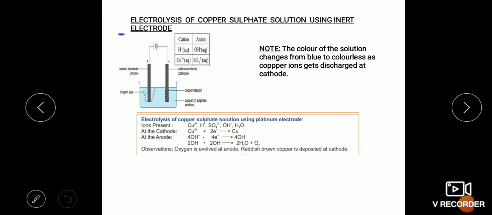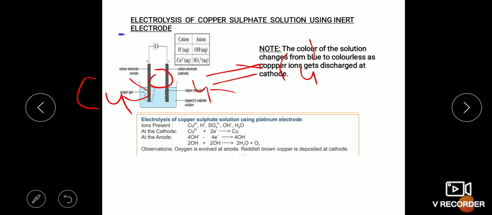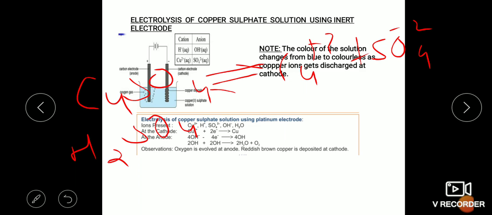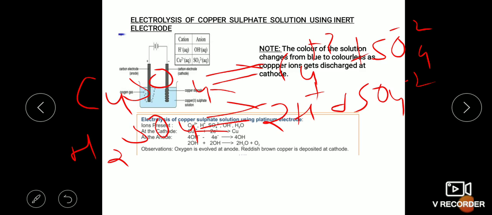Now here again the ionization will be, the first reaction will be copper sulfate, that is CuSO4 will ionize to give you Cu2+ ion plus SO4 2- ion. At the same time sulfuric acid H2SO4 will give me 2H+ ion plus SO4 2- ion.